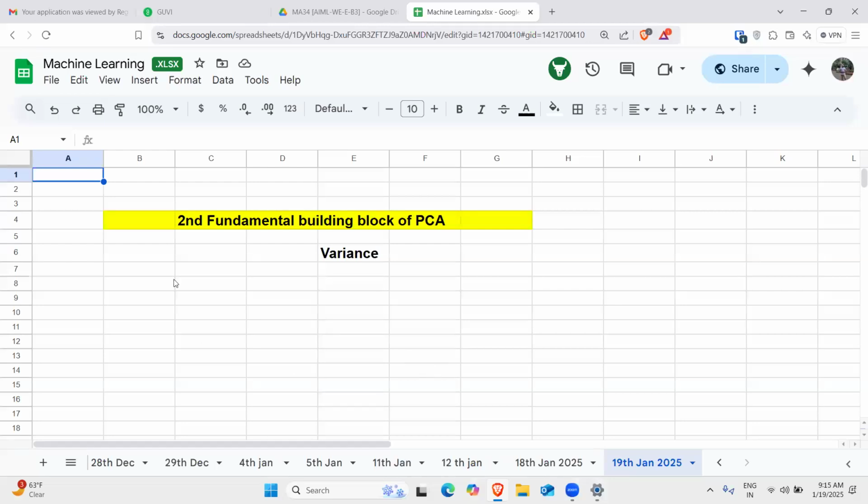Let us understand that before moving to the next part, PCA in Python. Here we'll learn the concept of variance and its importance and use in PCA, and the concept of basis vectors and how you can use different basis vectors to represent the same information. We already have discussed that.